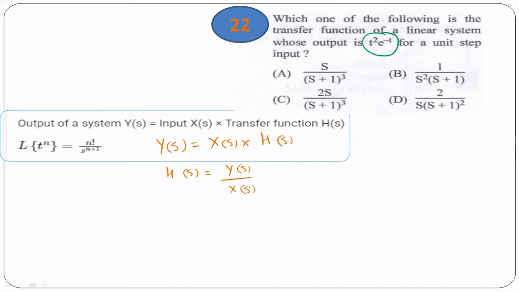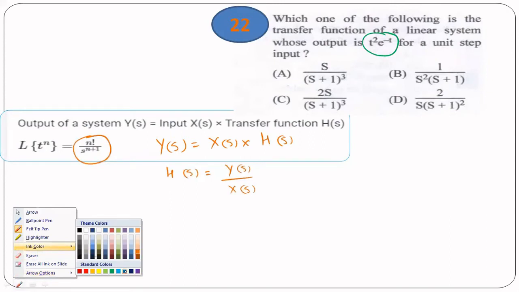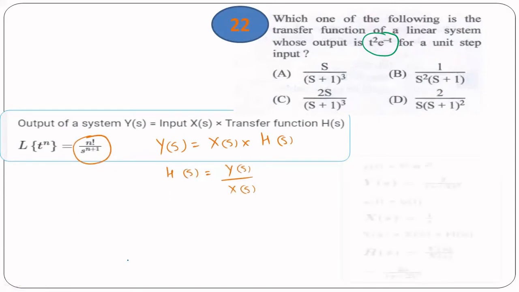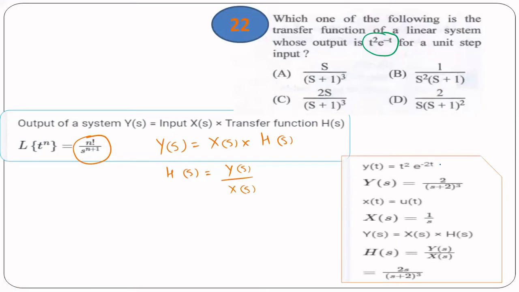Now the Laplace transform is n factorial divided by s to the power n plus 1. Let us look into the complete solution, friends. Whatever is given as y of t in the time domain, that is t square into e to the power minus 2t, becomes 2 divided by s plus 2 to the power 3. So whatever we have written as y of s is the conversion of the time domain equation into Laplace form.